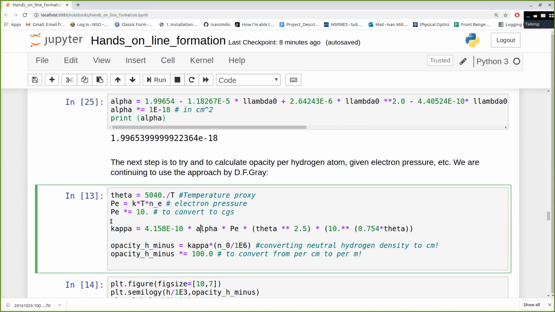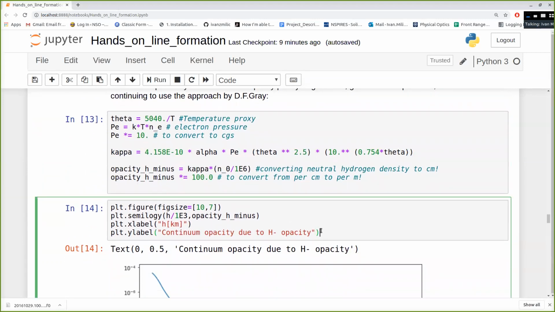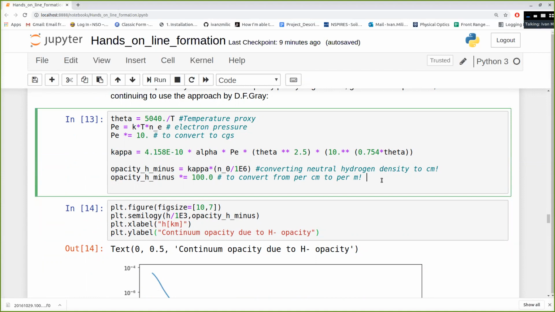Then I can finally calculate my H minus opacity by multiplying this kappa, which is the cross-section per neutral hydrogen, with the neutral hydrogen density, converting to centimeters, and then converting back to meters. So now we have the opacity of the negative ion of hydrogen for the whole atmosphere. Let's plot that.